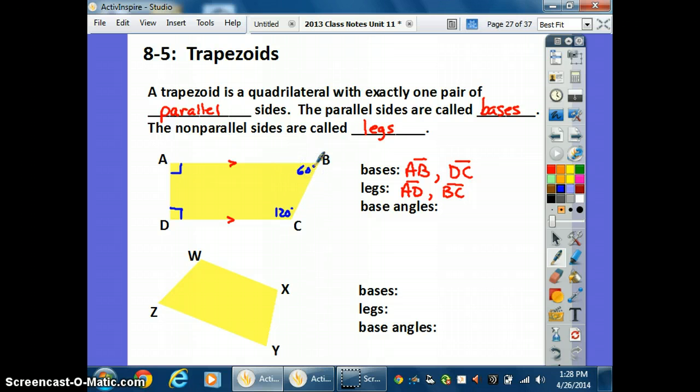Just a little review there, but for base angles, A and B are the base angles up at the top. And the base angles down here on this base DC are angle D and angle C. Okay, would you try the next one, WXYZ, that trapezoid, please?